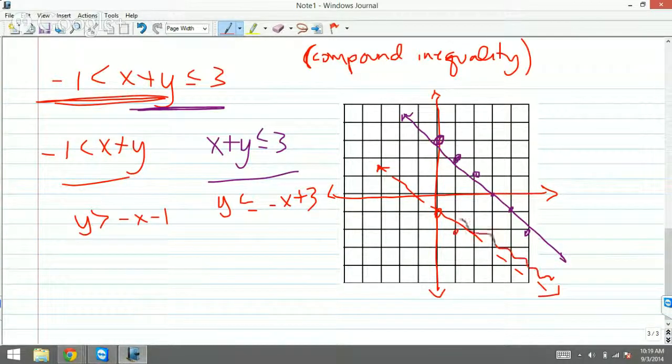Above. So we have an above and a below. It basically means you go right in the middle. You okay with those? Yeah? All right.